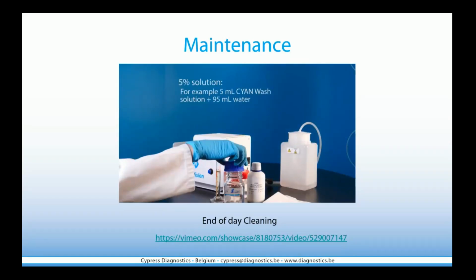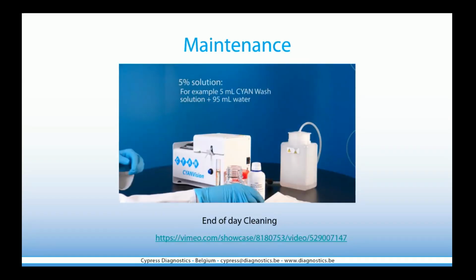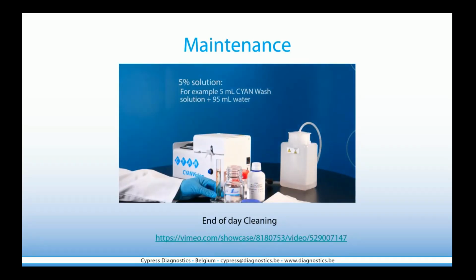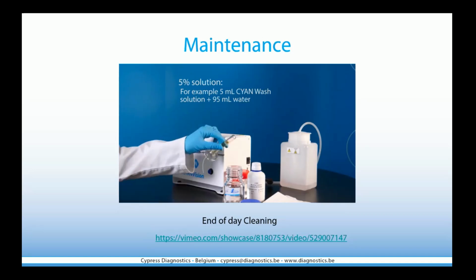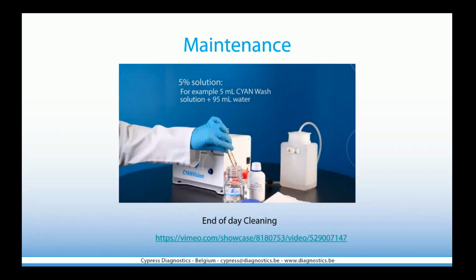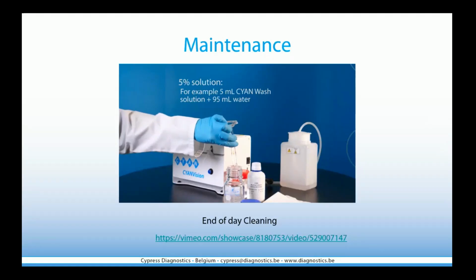Dilute the concentrated cyan washing solution to 5%. To prepare 100 milliliters, add 5 milliliters of concentrated cyan washing solution to 95 milliliters of distilled water. This 5% solution can be stored for several months at room temperature.